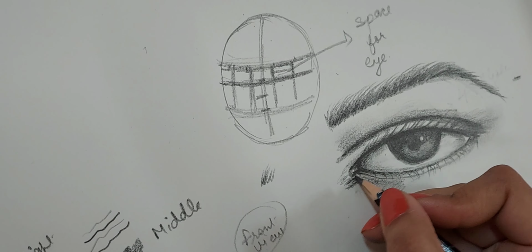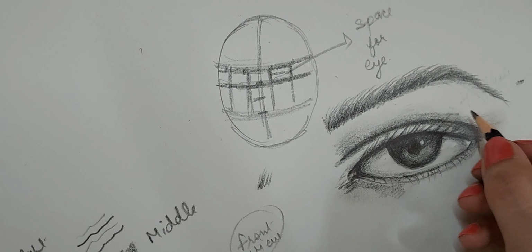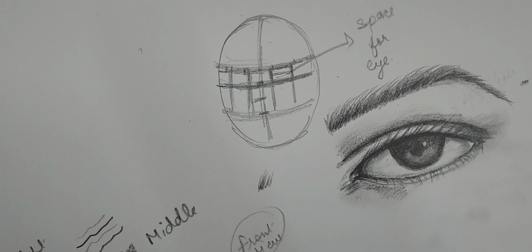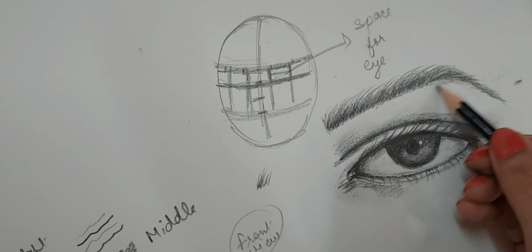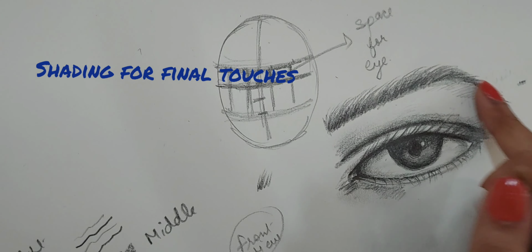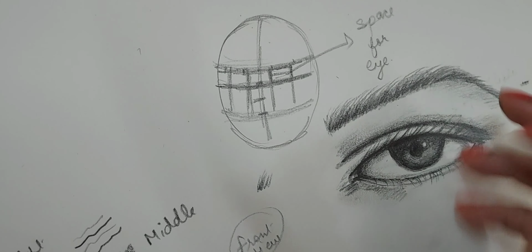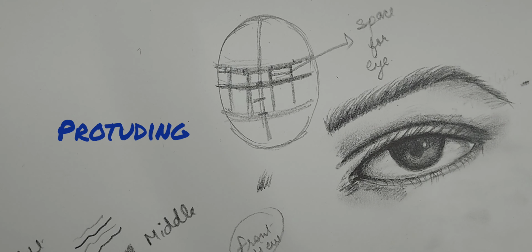So that is a part of portrait only. Now I want you to give very light shading here, because this part is protruding, we can show light here.